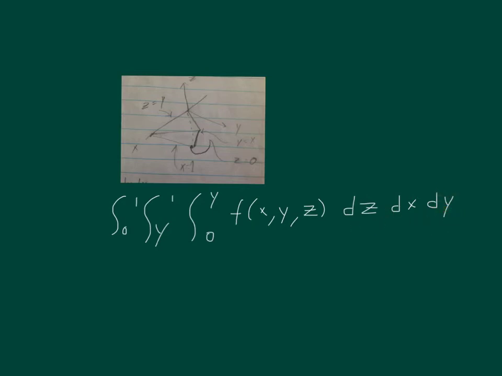What's important is that they've already given us a head start. They've already given us flat out one of the iterated integrals, and so it's important to identify what this exactly means in terms of our figure here. One thing to note is that your inner variable can at most have 2 variable limits.